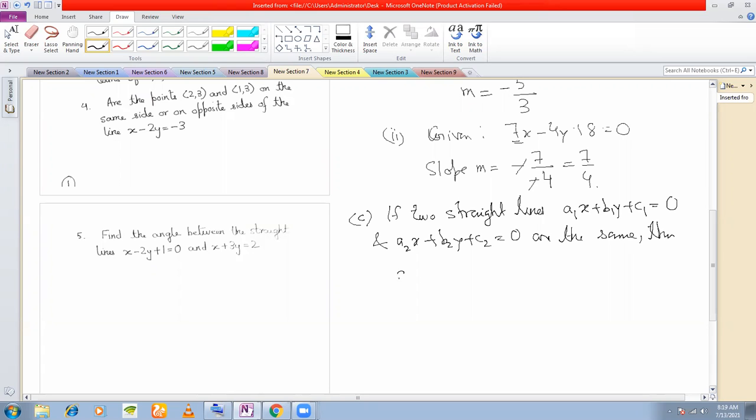Coefficients must be proportional means a1 by a2 must be equal to b1 by b2 must be equal to c1 by c2. It is not necessary that a1 will be equal to a2.